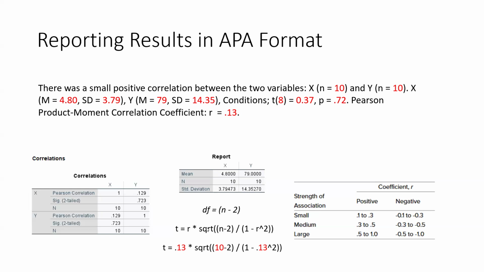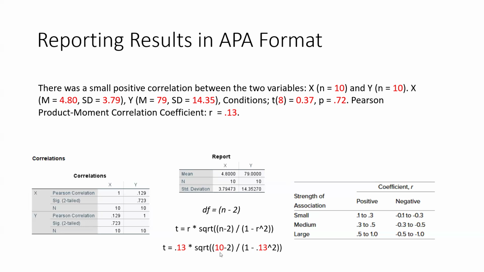It's going to be the value of R, which was 0.13, multiplied by the square root of the entirety of this calculation here, n minus 2, n being the number of observations, so 10 minus 2 in parens, divided by 1 minus r, which is 0.13 squared.